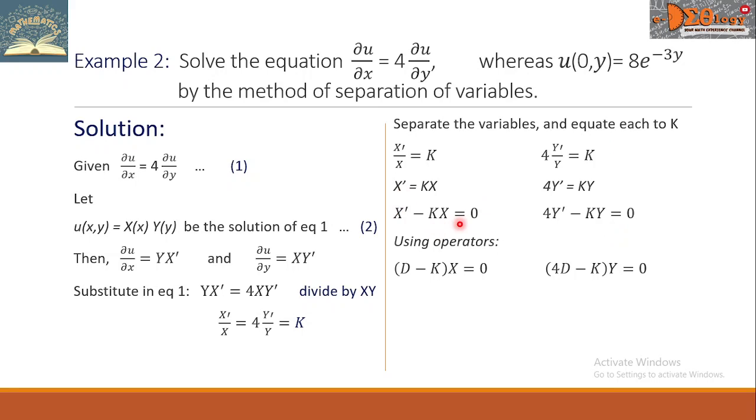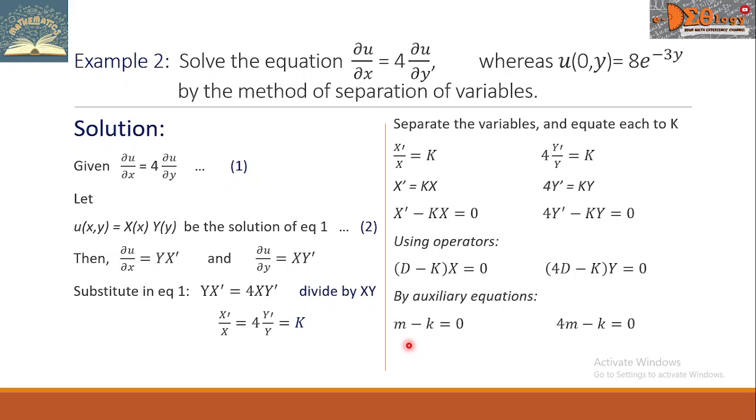For the first equation, we have D minus k, the quantity multiplied by capital X equals 0. For the second equation, 4D minus k, and this is multiplied by the variable Y equals 0. So the auxiliary equations are m minus k equals 0 and 4m minus k equals 0 respectively.